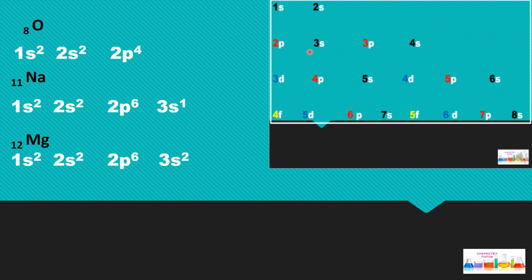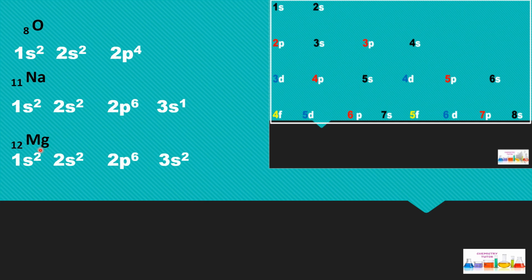So the next subshell will be 3s. S can occupy 2 electrons, but here only 1 electron is left, so we will put the remaining 1 electron in the s subshell. So it will become 3s1. In this way the electronic configuration of sodium is 1s2, 2s2, 2p6, 3s1.